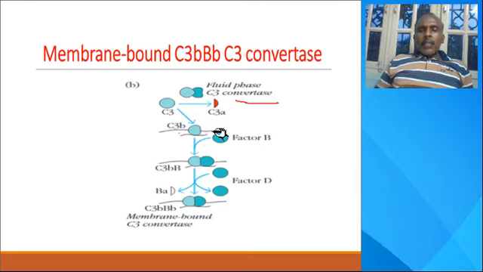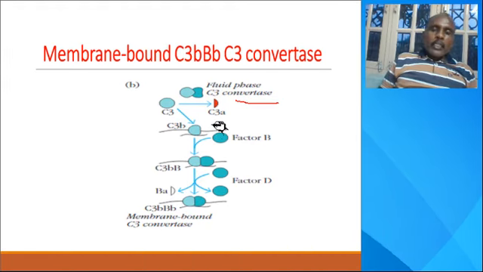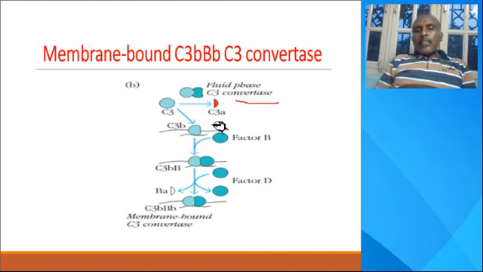How is the bacteria identified? There is a process. In the host cell the sialic acid content is high, but on the antigen surface the sialic acid content is low, so the bacterial membrane is easily identified.